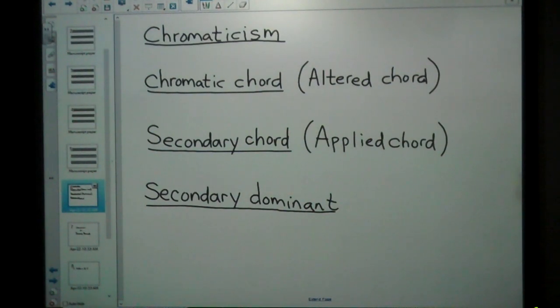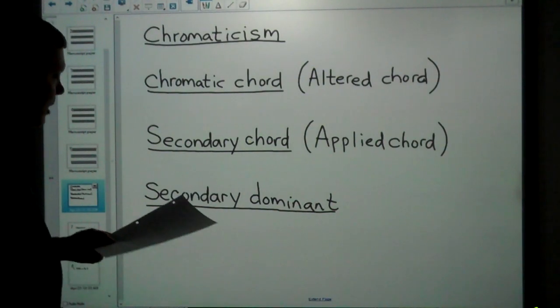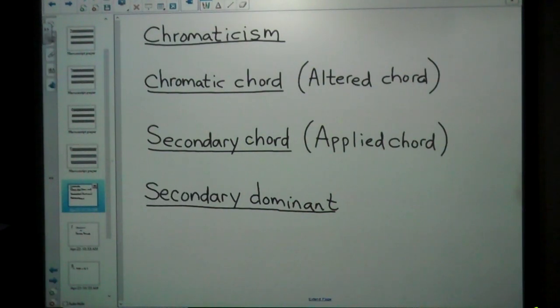On the board I have four important terms that I'm going to go through and discuss. The first one at the top of the board is chromaticism. When musicians use the term chromaticism, we are referring to the use of pitches in a musical passage that do not belong to the key of the passage.